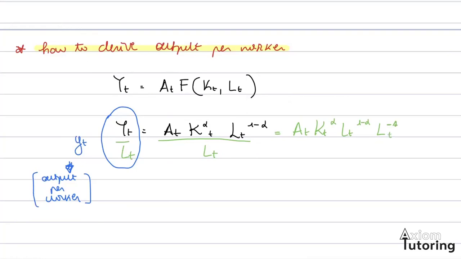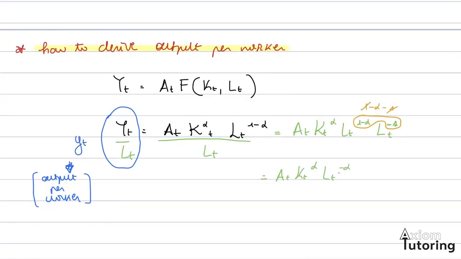So we are now going to combine the exponents of L. We're going to sum them up so that we obtain Kt to the power of alpha times Lt to the power of 1 minus alpha minus 1. 1 cancels out with the 1 so that we are left with minus alpha.